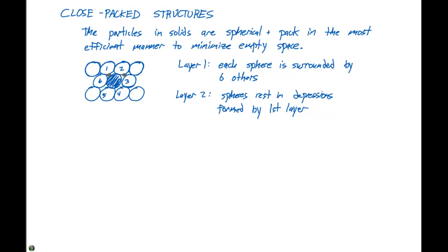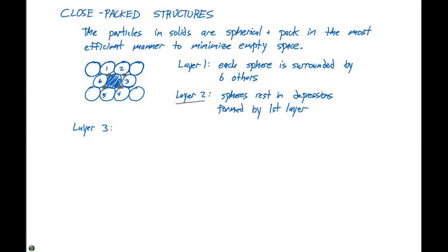So this is going to dictate how these particular atoms in the second layer are going to rest. Okay, so the gray spheres that I've shown here for layer number 2 are going to rest right in the depressions, and if I had gone out in 3 dimensions, we could put a lot more atoms in here. But in this second layer, pretty much in every structure, we're going to rest in the depressions formed by that first layer.